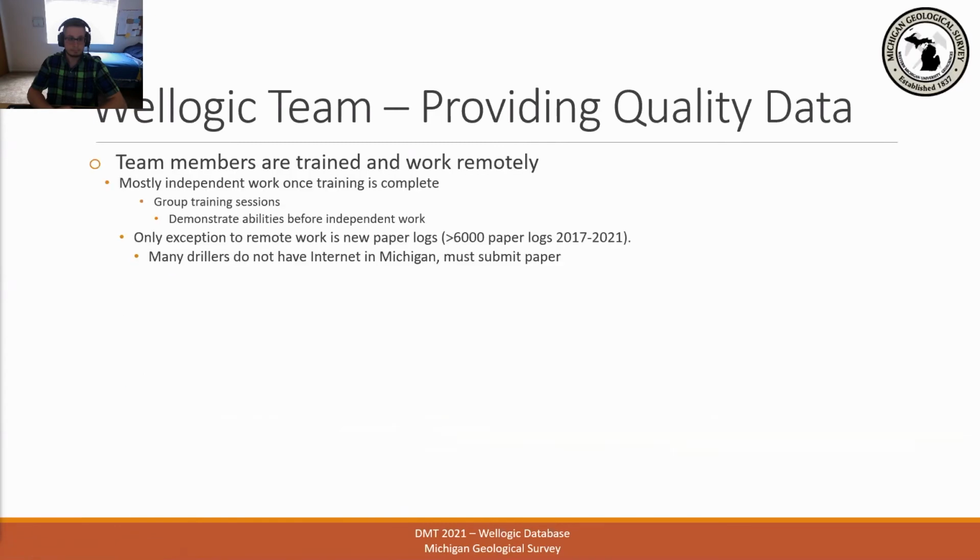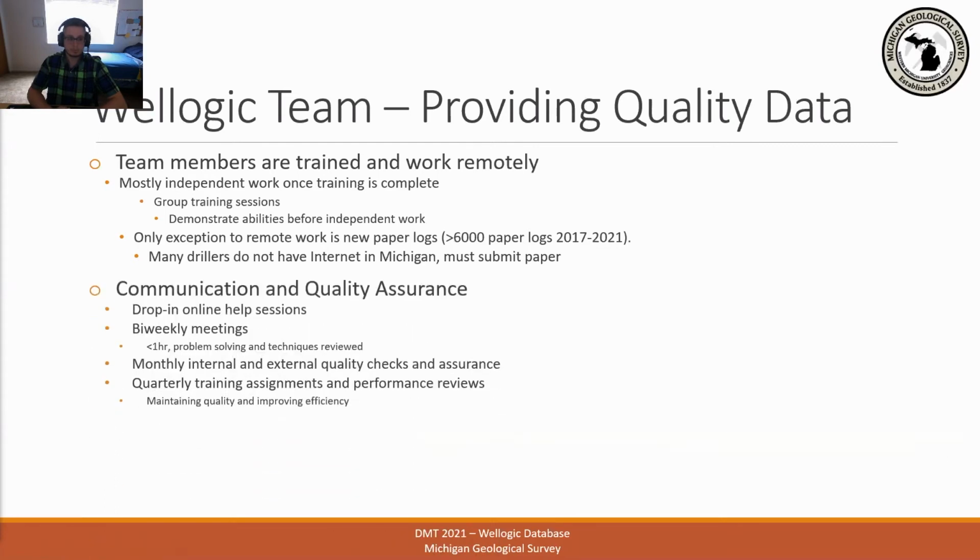So how is our team providing quality data? Our team members are currently trained and work remotely. It's mostly independent work once the training's done, but because we work remotely, we try to provide as many types of communication as possible while also performing frequent quality checks and assurance to ensure that our data is staying at a high standard.